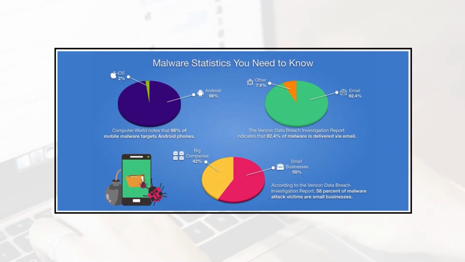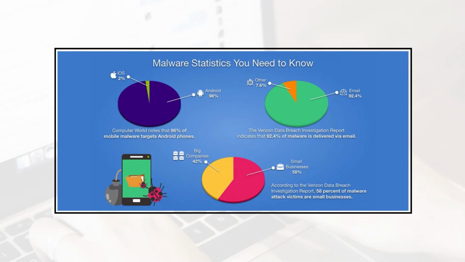If you see this particular graph, the pie chart, you will see that Android phones have somewhat more chances of being malware targets, because they are massively used by n number of new users. And if you talk about companies, it's not that only big companies are affected; small businesses are also going to be affected.